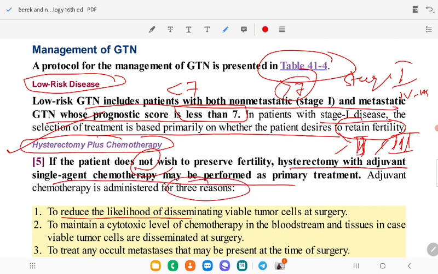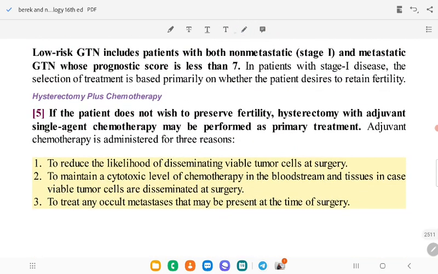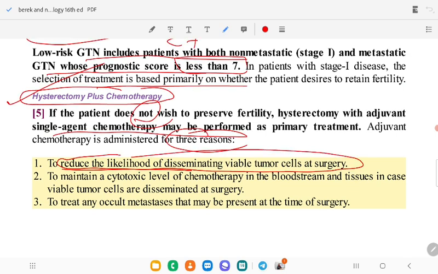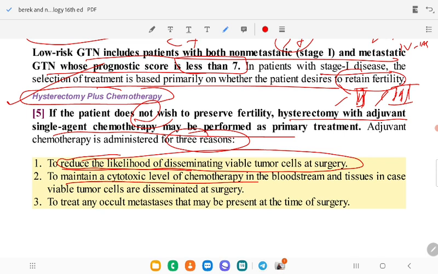Why are you giving adjuvant therapy? Because during the surgery, it reduces the likelihood of disseminating viable tumor, and it maintains a cytotoxic level of chemotherapy in the bloodstream. In case some viable tumor cells are disseminated during surgery, that will be prevented by the cytotoxic level of chemotherapy in the bloodstream.